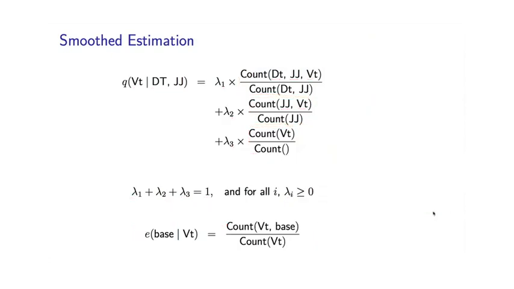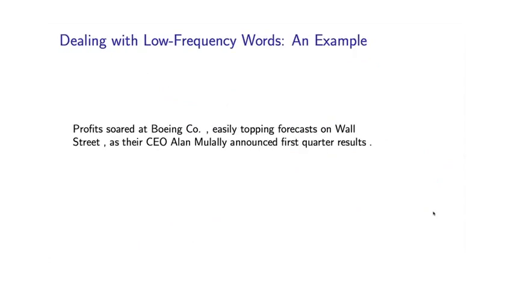Why is this important? Let's come back to an example from before. And let's say, for the sake of argument, that this is a test sentence. And so I would apply my tagging model to this test sentence and try to find the most likely sequence of part-of-speech tags for that sentence. Then we're very likely in a given test sentence to encounter words which we've never seen before in training.